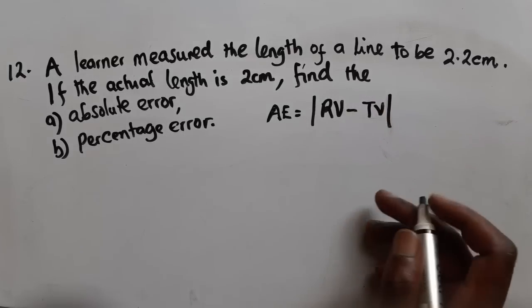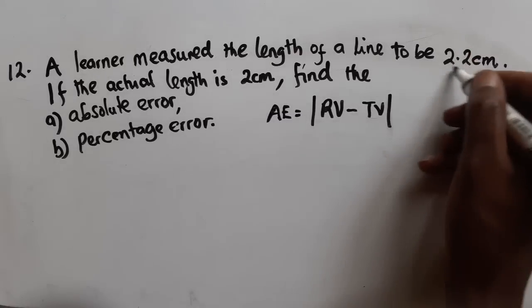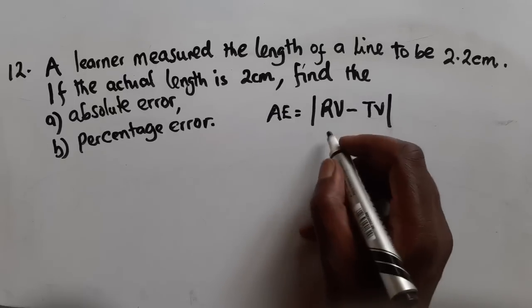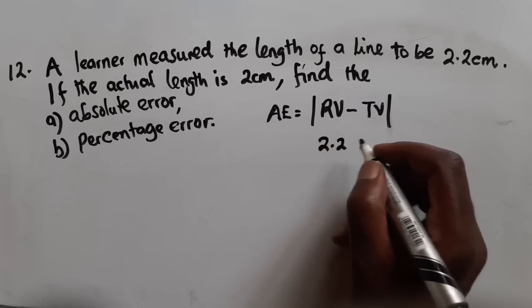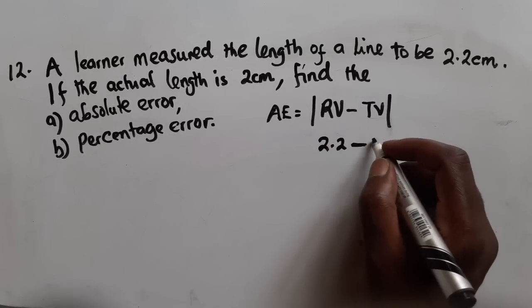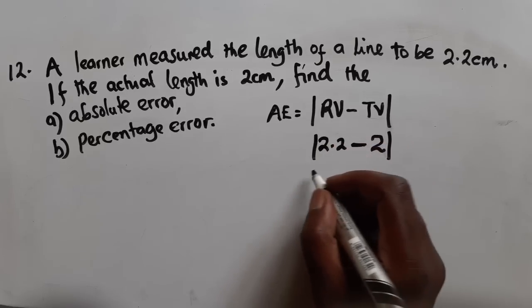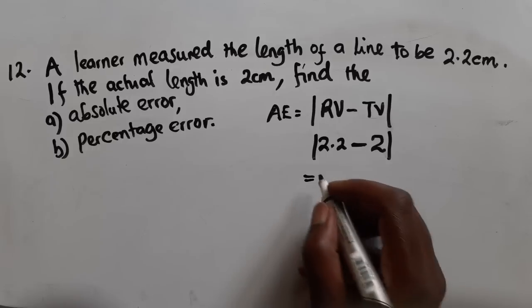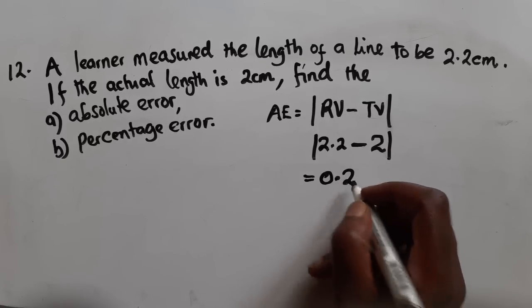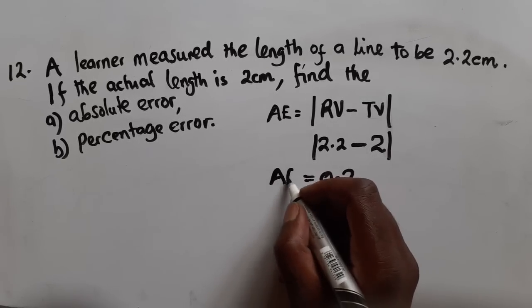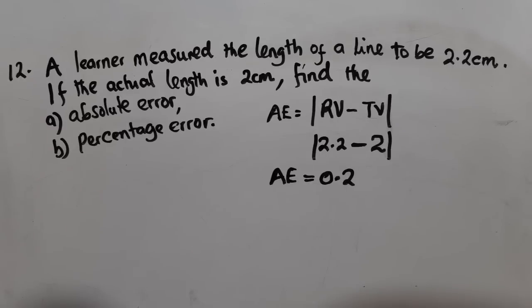Recorded value is 2.2 minus the true value, which is 2. What are we going to get? 0.2. Okay? Absolute error, this is what we are going to get.